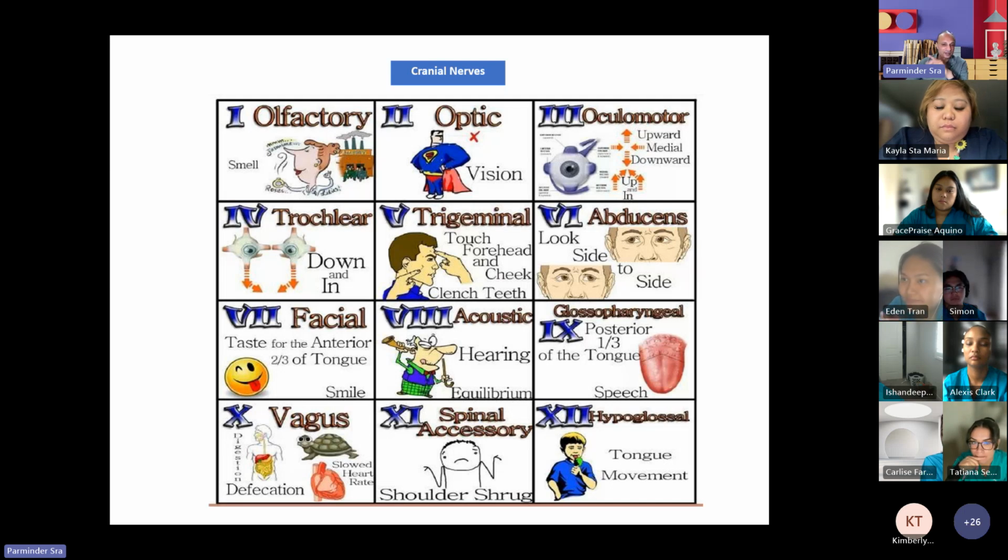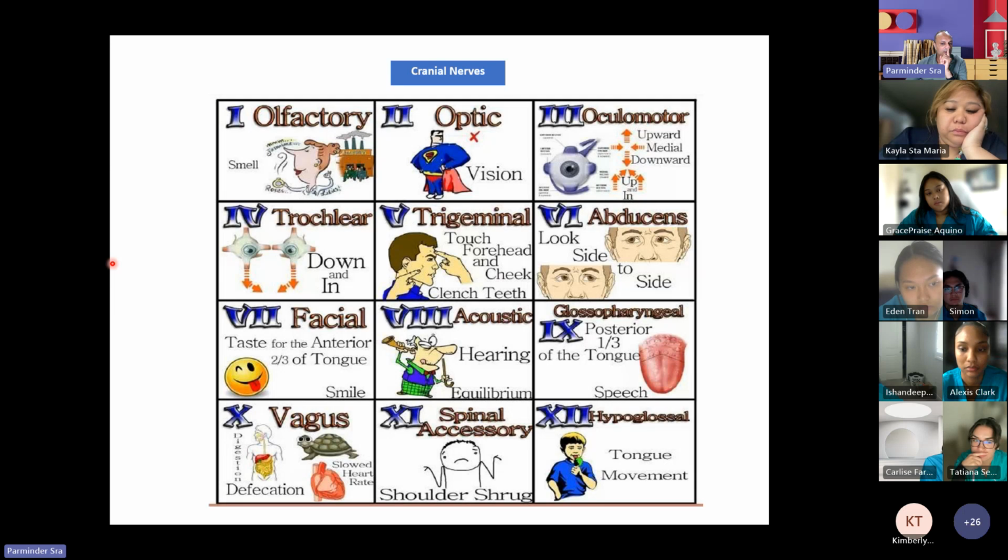So these cranial nerves, there are 12 pairs of nerves that emerge directly from the brain and brainstem, each with some specific function related to a sensation, movement, or could be both, right? So for example, number one, your olfactory. Olfactory is about smell.